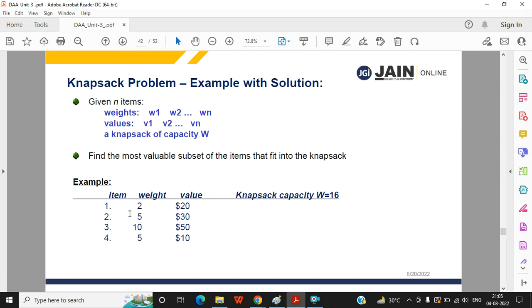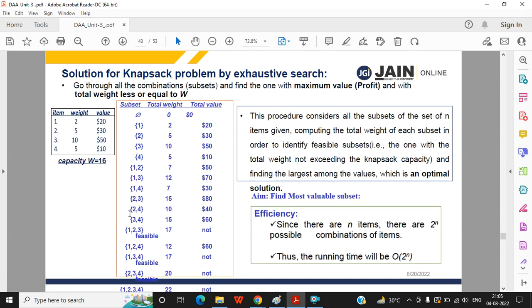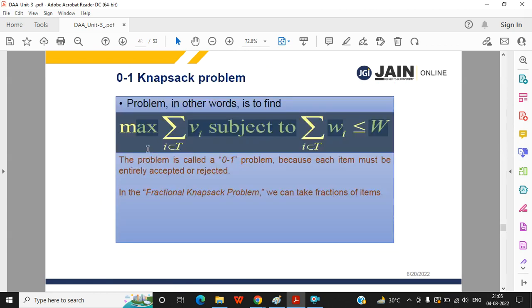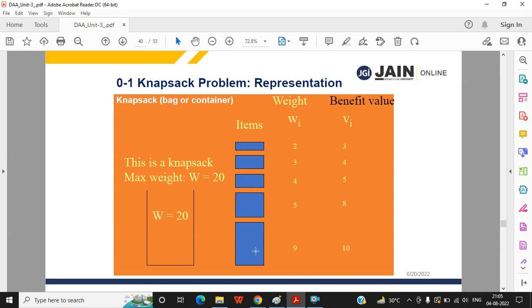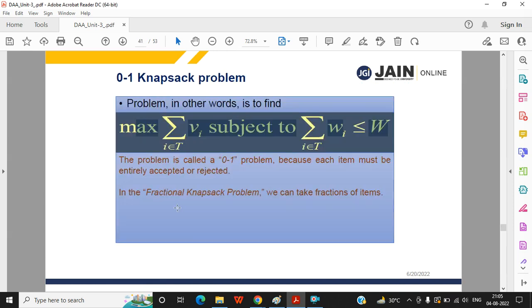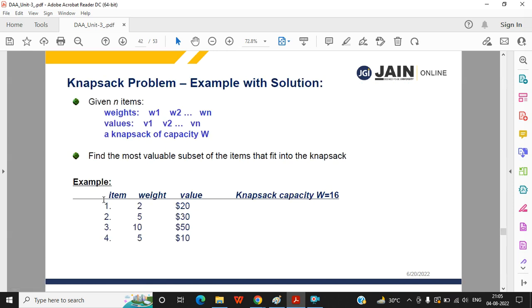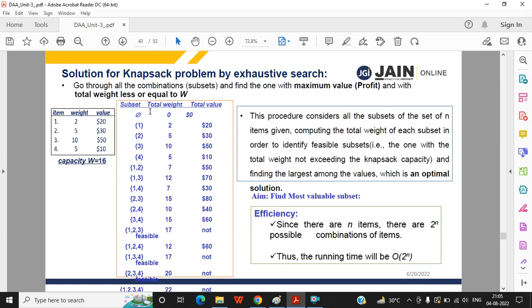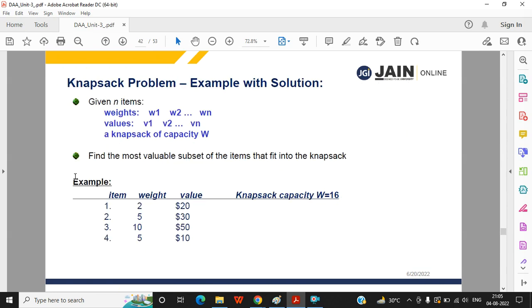This example is understood, but where is the solution? They are not providing a solution here. They are taking this problem and finding the solution of this problem. So how can you solve it?